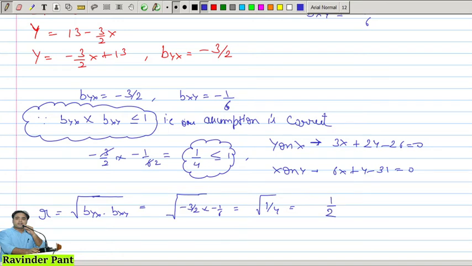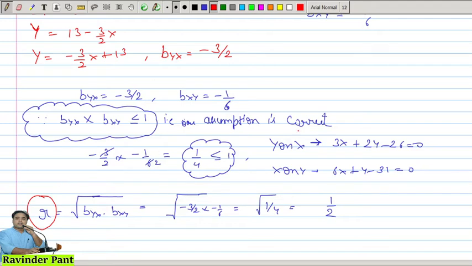But for this r, if we remember the property, r will have the same sign as the regression coefficients. So this r and the regression weights for y on x and x on y all have the same sign.